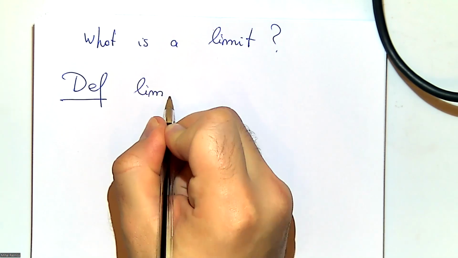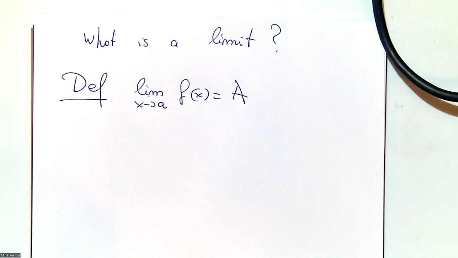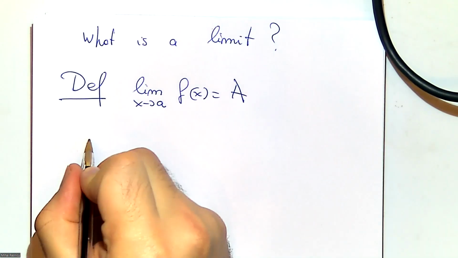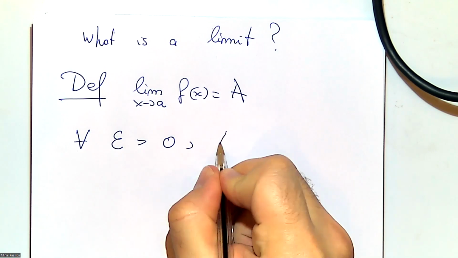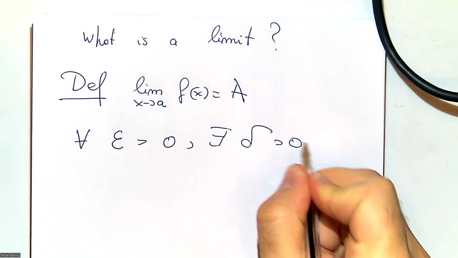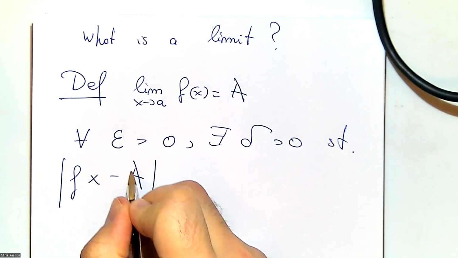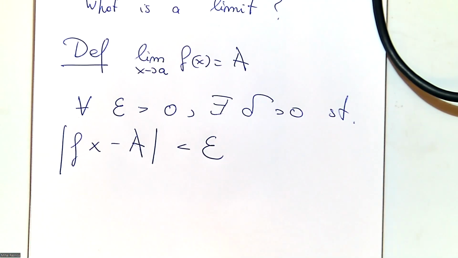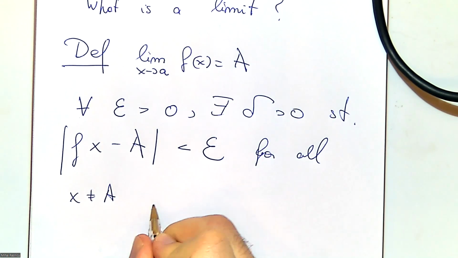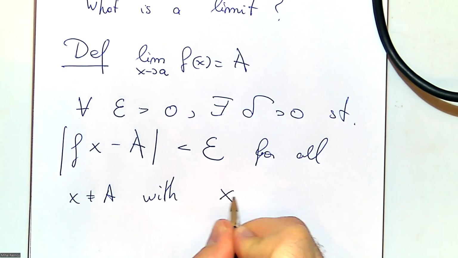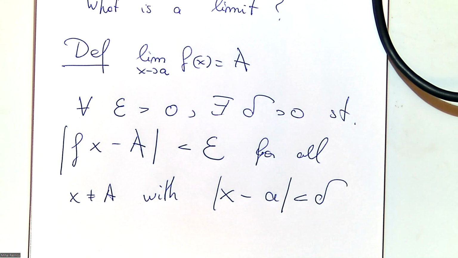I can say that the limit when x goes to a of f of x is equal to big A. This is basically saying that for whatever epsilon greater than 0, there is a delta greater than 0, such that, and again, I will translate this, I promise. This is the formal definition of the limit.